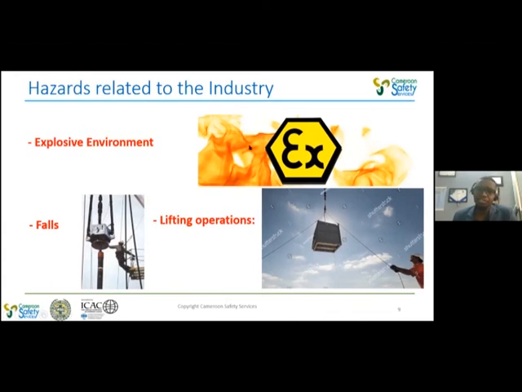So these are some of the hazards which people are exposed to, and that's why there has been a rigorous safety management system in place to prevent the worst case scenario from occurring.